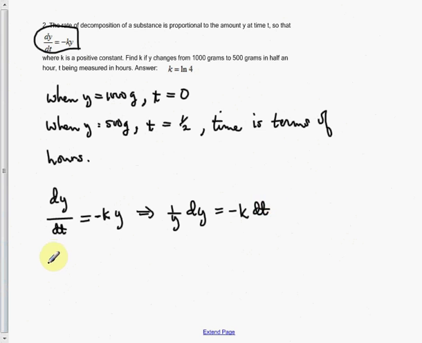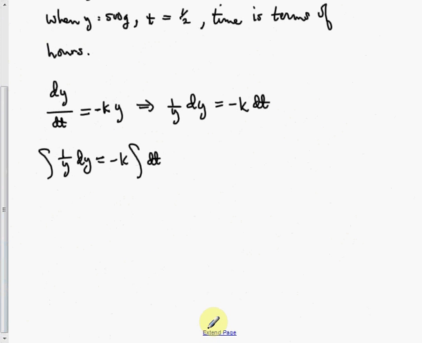And then integrate. I can put the negative k in the front, since the negative k is just some number, times the dt, and integrate. So we get the natural log of the absolute value of y is equal to negative kt, and like I did before, we'll say plus c sub 1.